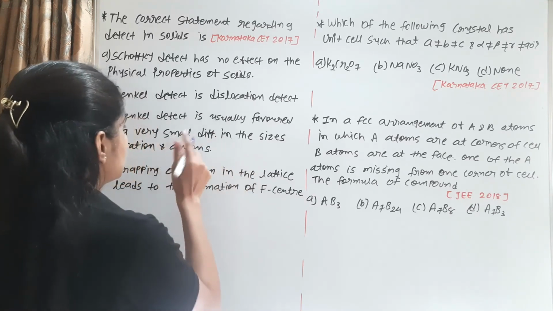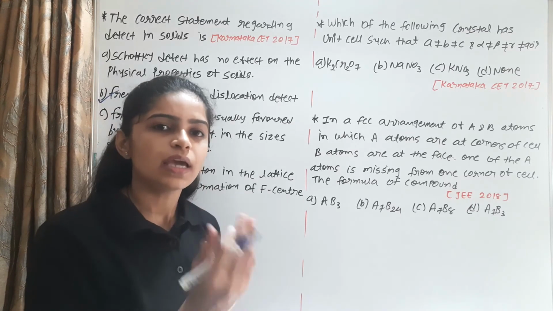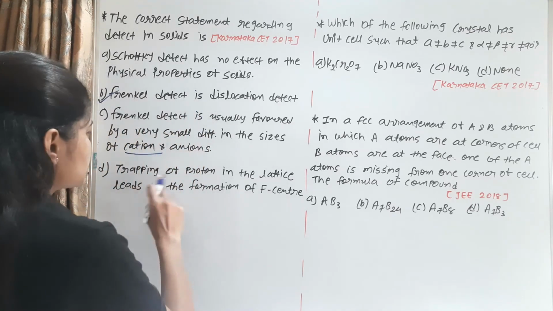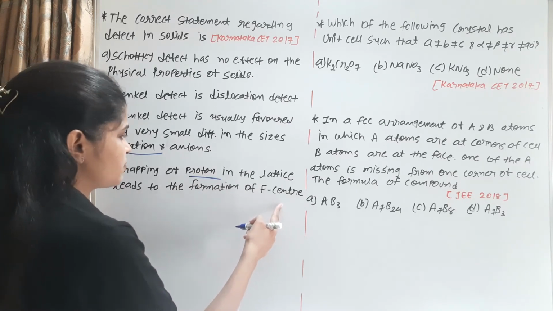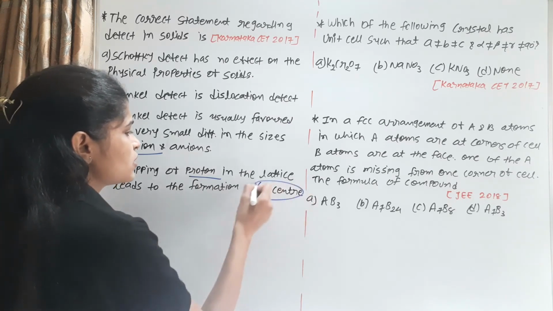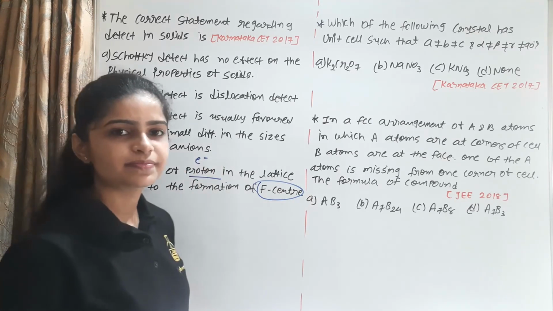Wrong, because in the Frenkel defect the cation size is smaller than the anion. Trapping of a proton in the lattice leads to the formation of an F center. Wrong, because the formation of the F center requires an electron.